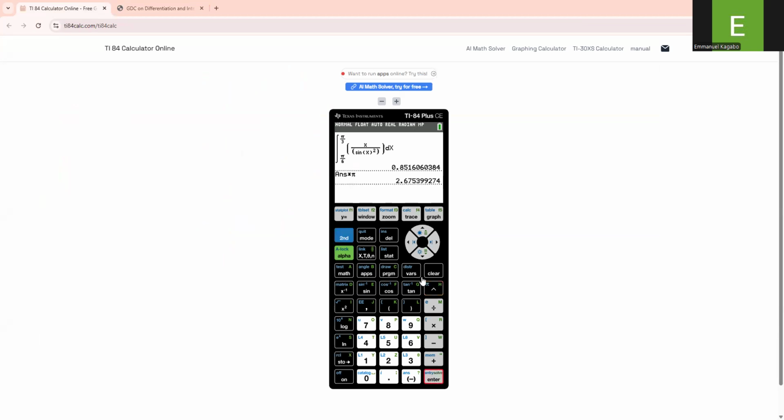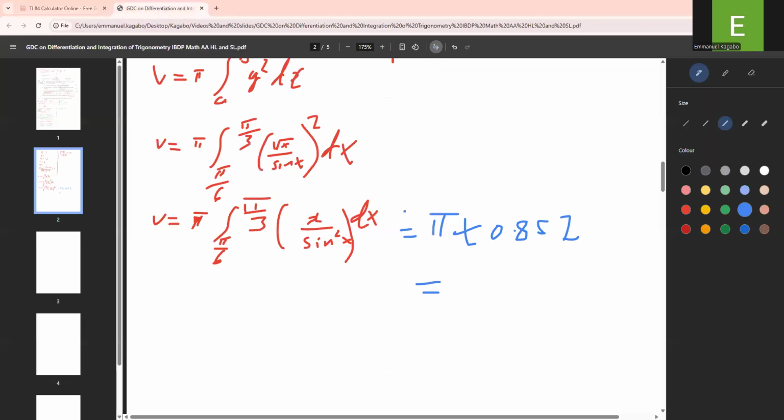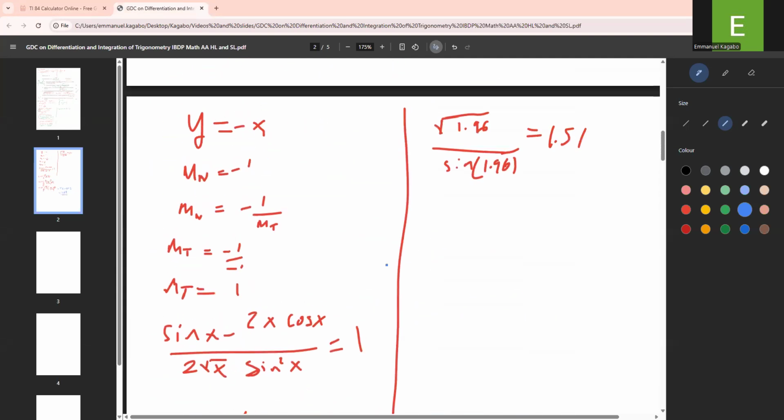Okay, what do I get when I multiply by pi? That's it, right? Good. So it will give me 2.68. That is it. I've got my, how many marks, guys?